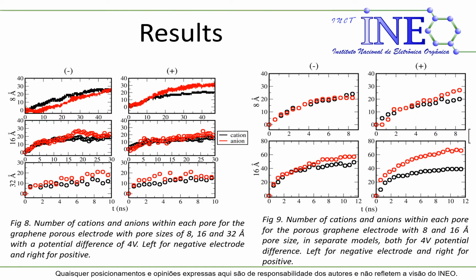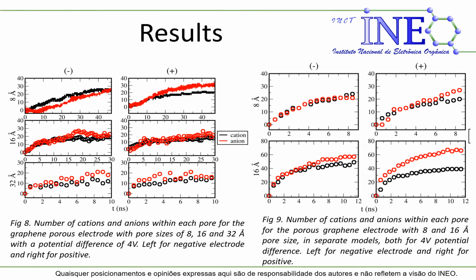In figure 8, when the three slit sizes are combined in the same electrode, the charging mechanisms are different for each one of them. The 8 angstrom pores use counter-ion adsorption, while 16 and 32 angstrom pores use an ion exchange mechanism. When the model has only 8 angstrom slits, the mechanism is ion exchange.